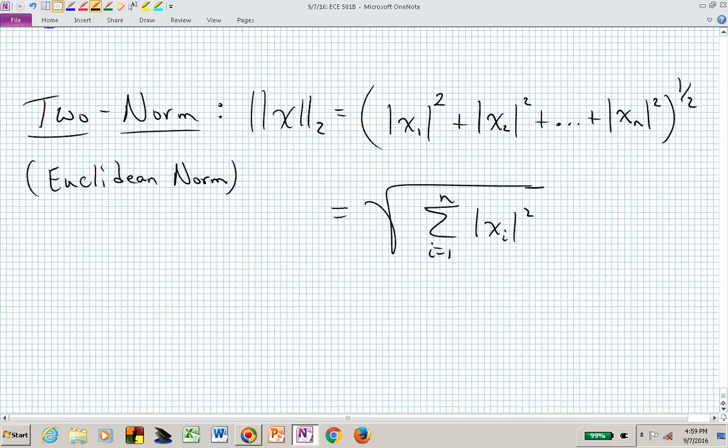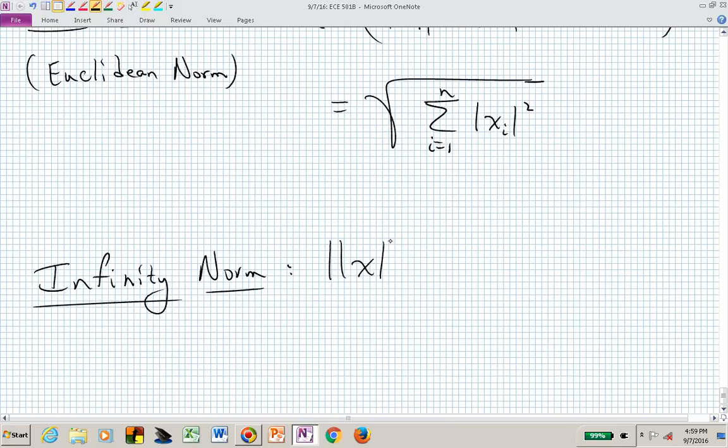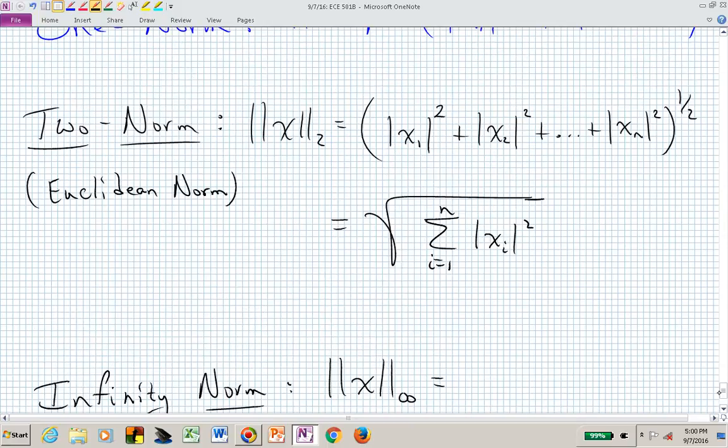What if I now kept going and going until I was looking at the infinity norm? What's the infinity norm of the vector x? What's going to happen?